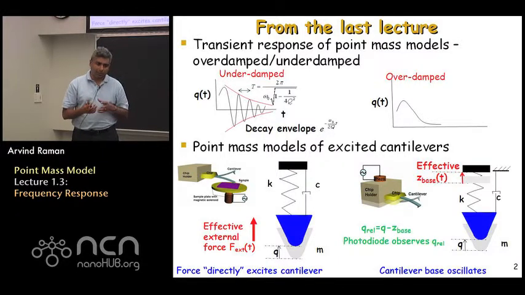And we talked about the fact that, in the spirit of these accurate point mass models, one could come up with an equivalent effective point mass model for the excited oscillator as well. The equivalence principle was again based on this energy principle.